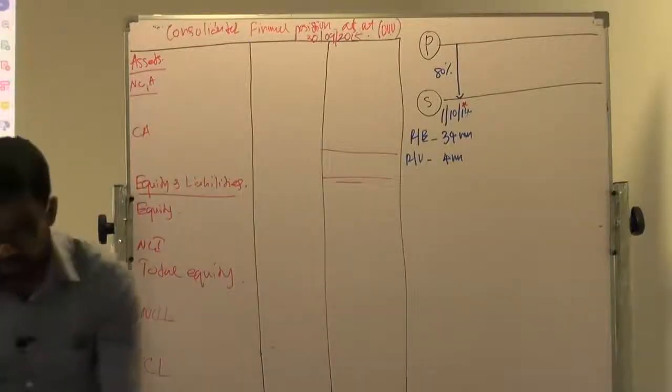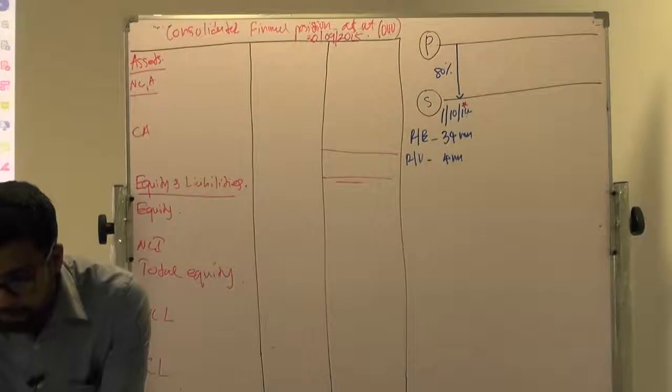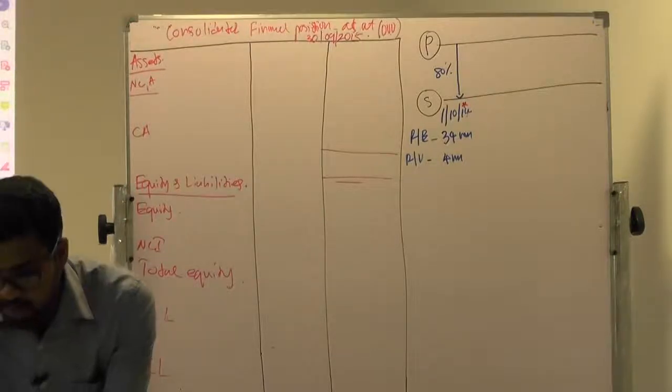Then read further. Party company paid an initial cash amount of rupees 92 million and agreed to pay the owners of Streamer company a further 28 million on 1st October 2016.